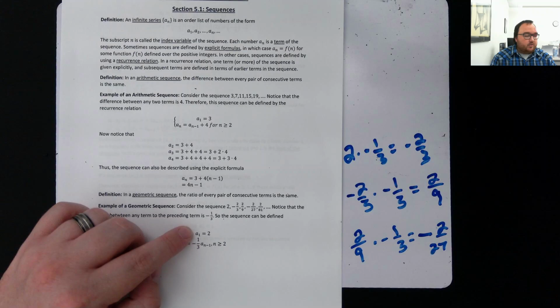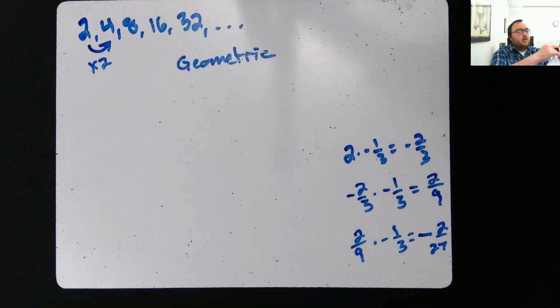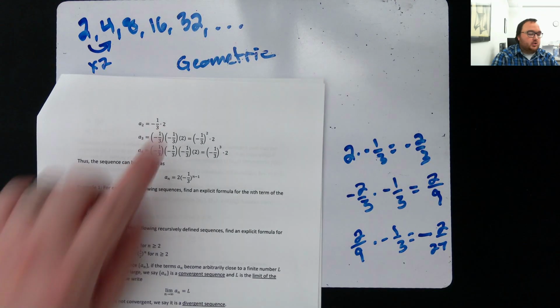So now let's use that and get the formula. Now notice that if I wanted to find a2, I would do negative 1/3 times 2, because 2 is my first term, right? It starts out at 2.